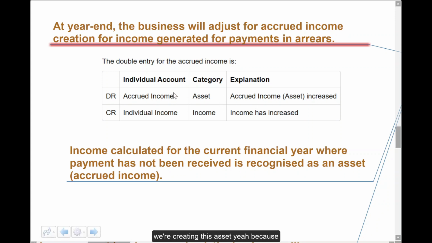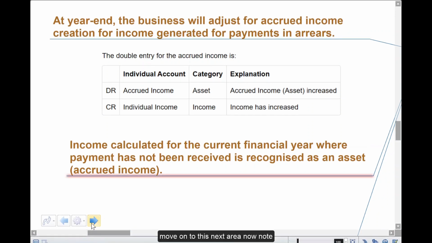We're creating this asset, because in effect we want to include this income, which hasn't been invoiced yet, in our accounts. So let's increase asset by debiting it. The account is called accrued income in current assets. And let's create some income by crediting. Remember our double entry rule, credit income and liabilities to increase them. Okay, so there we have it. We have now, in effect, accrued income for the year.